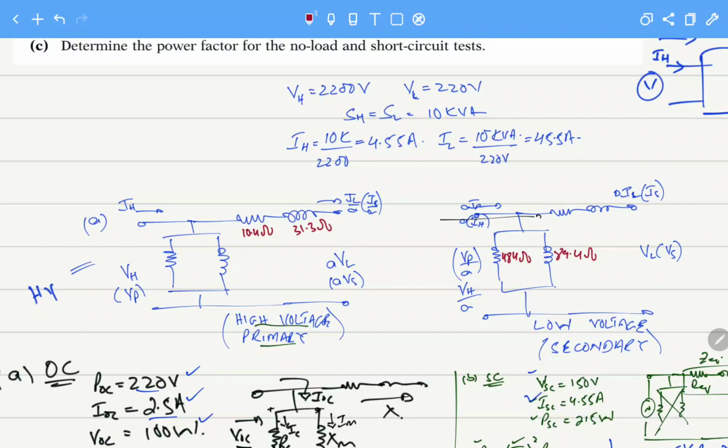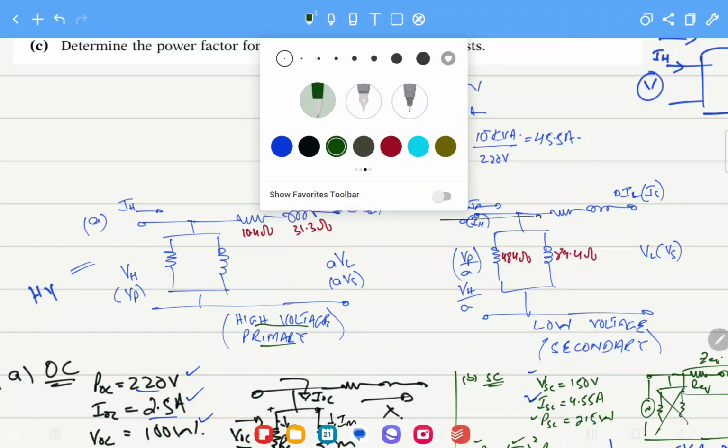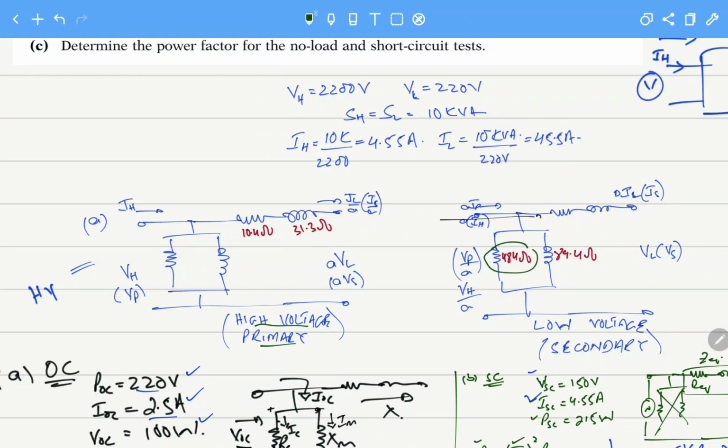Now we have to fill the other blanks, and we know that when we have to reflect towards the primary side, we multiply by a square, right? So if we want to convert this parameter which is missing here, we have to multiply by a square, and for this parameter also we have to multiply by a square, so it will be reflected towards the primary side.